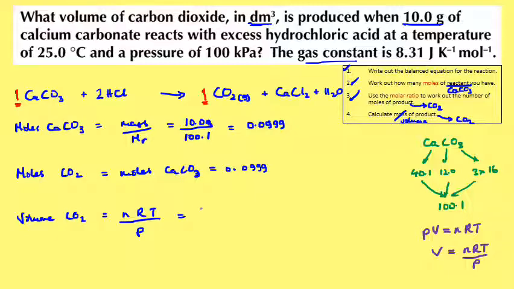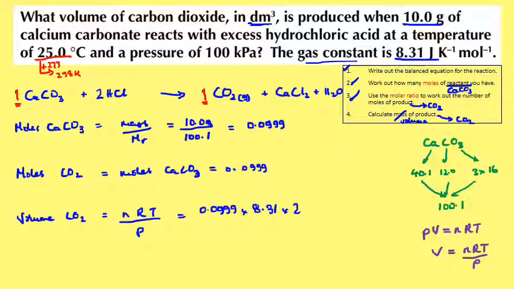Number of moles we've worked out as 0.0999. R we're given in the question as 8.31. Temperature, let's check. Now remember Kelvin, so let's just switch to red and do this conversion again. So that's plus 273 gives us 298 Kelvin.